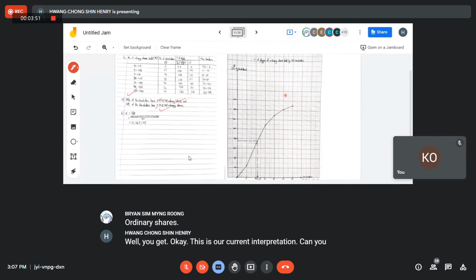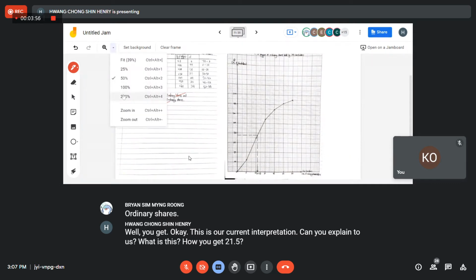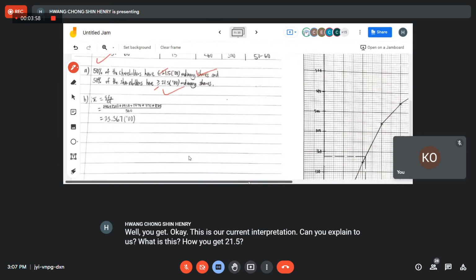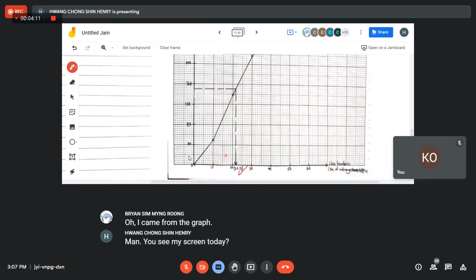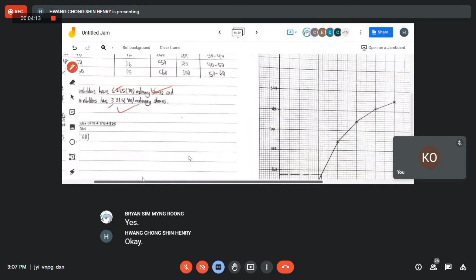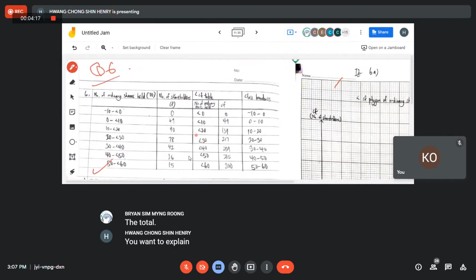Can you explain to us how you get 21.5? From the graph. Yeah, you can see my screen, isn't it? Okay. So basically, everyone, you want to explain how do you plot this CF versus what?